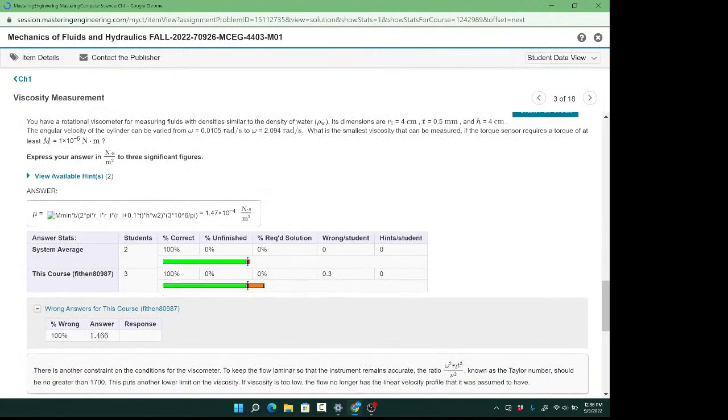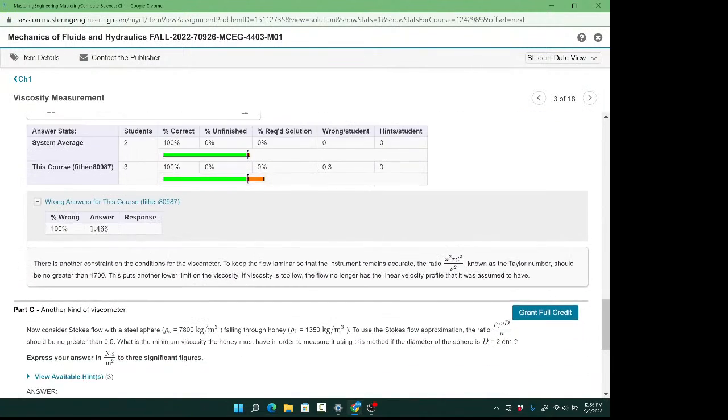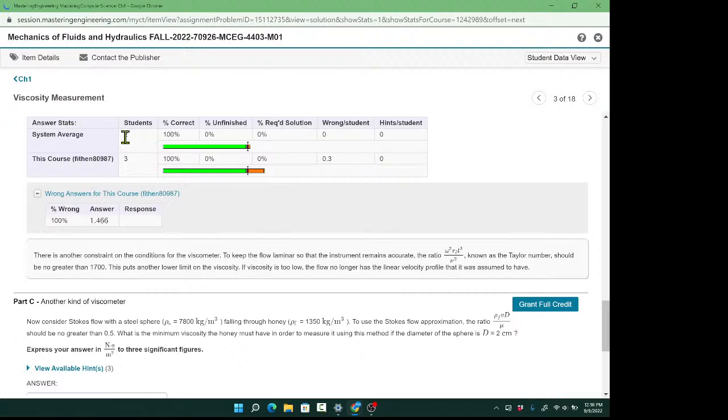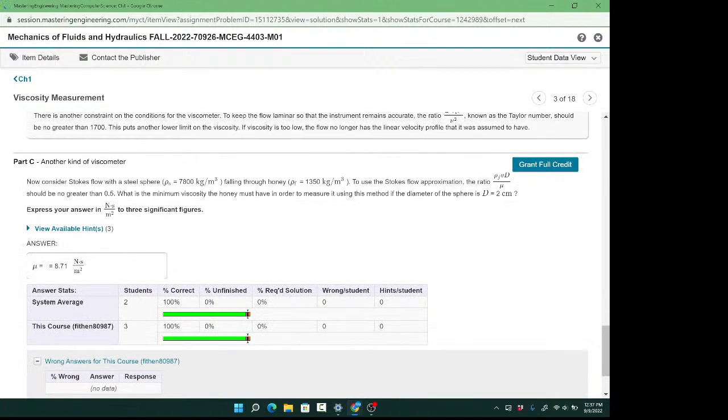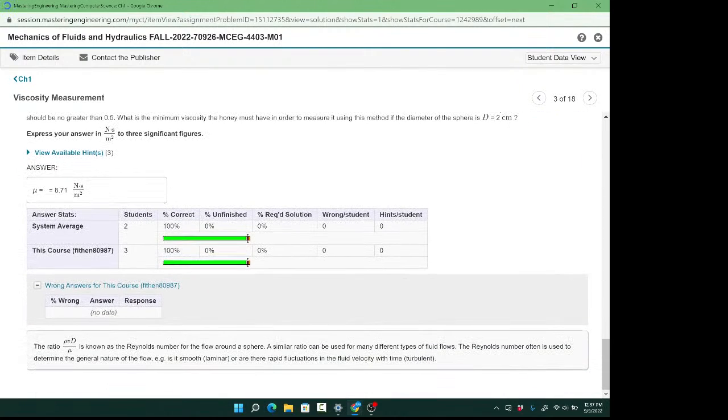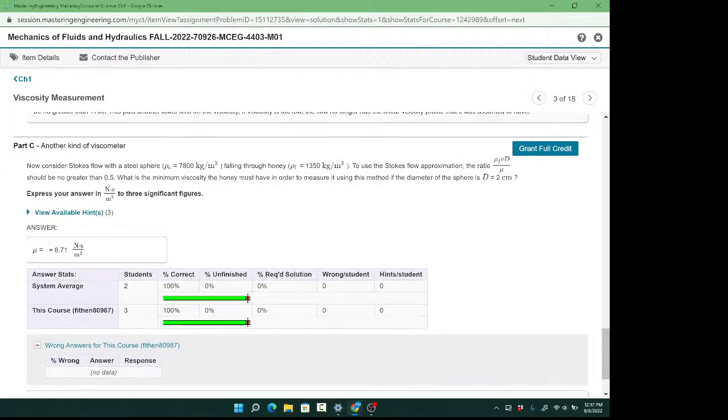They do better on this one, though. System average. How can that be? The whole system has 2 students, and we have 3 people that answered it. That doesn't make sense. You know what? I think I'll grant full credit on this one. But you can attempt it and play around with it.